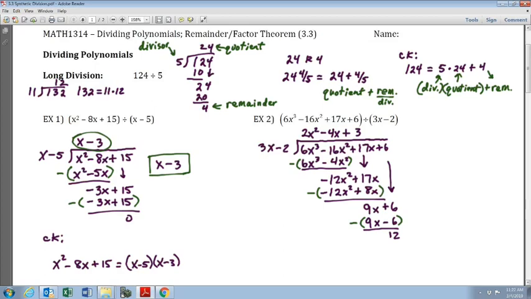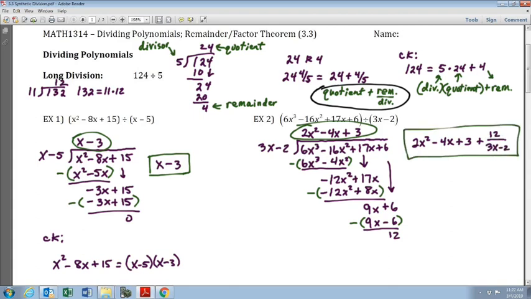So let's see. Our answer is going to be in the form quotient plus remainder over divisor. Well, our quotient here is 2x squared minus 4x plus 3, plus the remainder, which is 12, over our divisor, which is 3x minus 2.